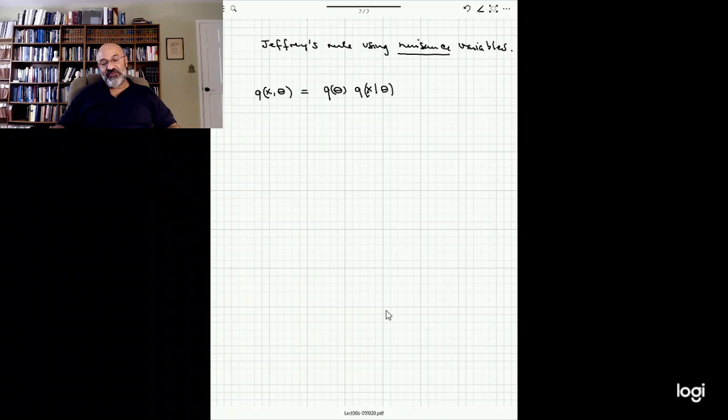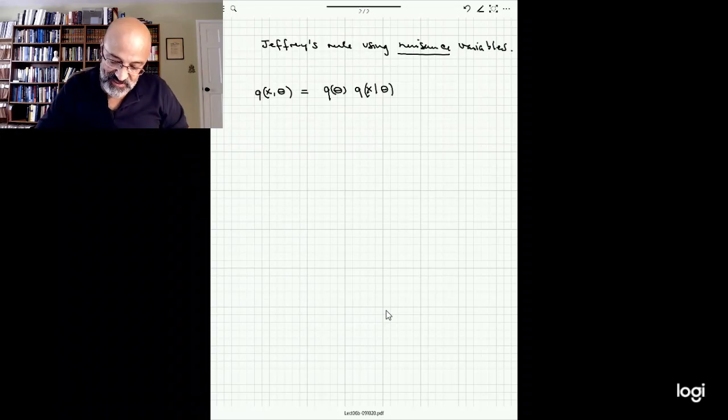Now, it could be, and this is the case that I want to explore here, that the connection between x and theta is considerably more complicated than just a function. And this is where the nuisance variables come in.